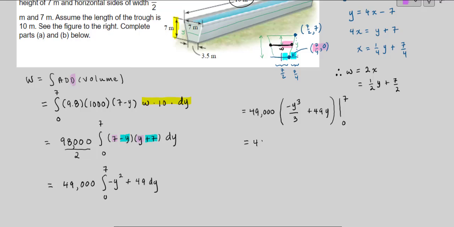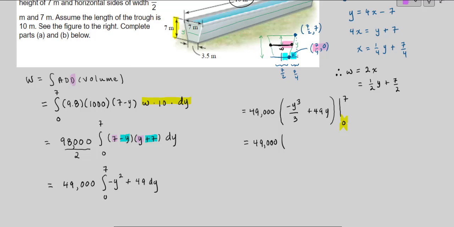So we will have 49,000 multiplied by, when we plug in 0, we won't get any volume there, or any work, I guess. We're finding work, so we'll get no work there.